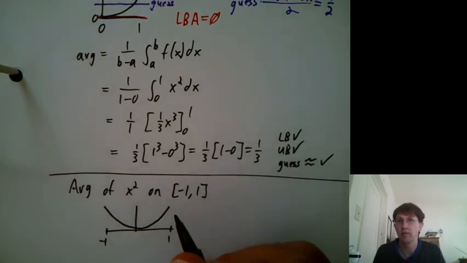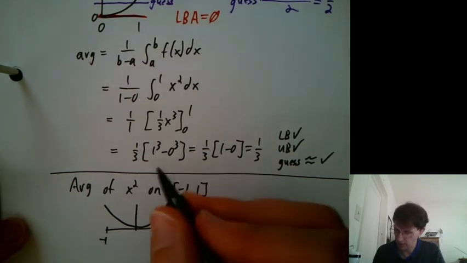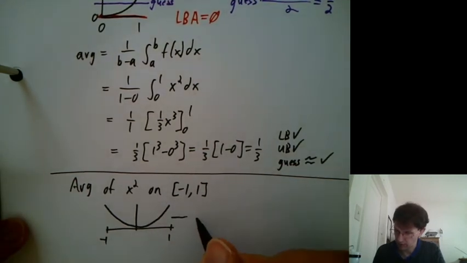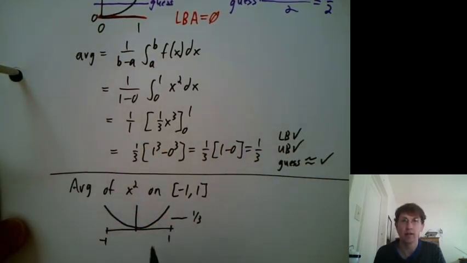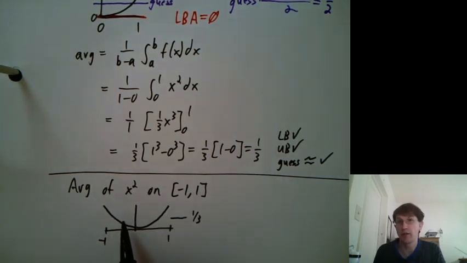I think you could reason by symmetry and say, well, we saw above that the average was 1/3 on this region, and then on the other half, on the other side of the y-axis, it's going to be the same average, right? It's the same geometrical figure, just mirror image left to right.